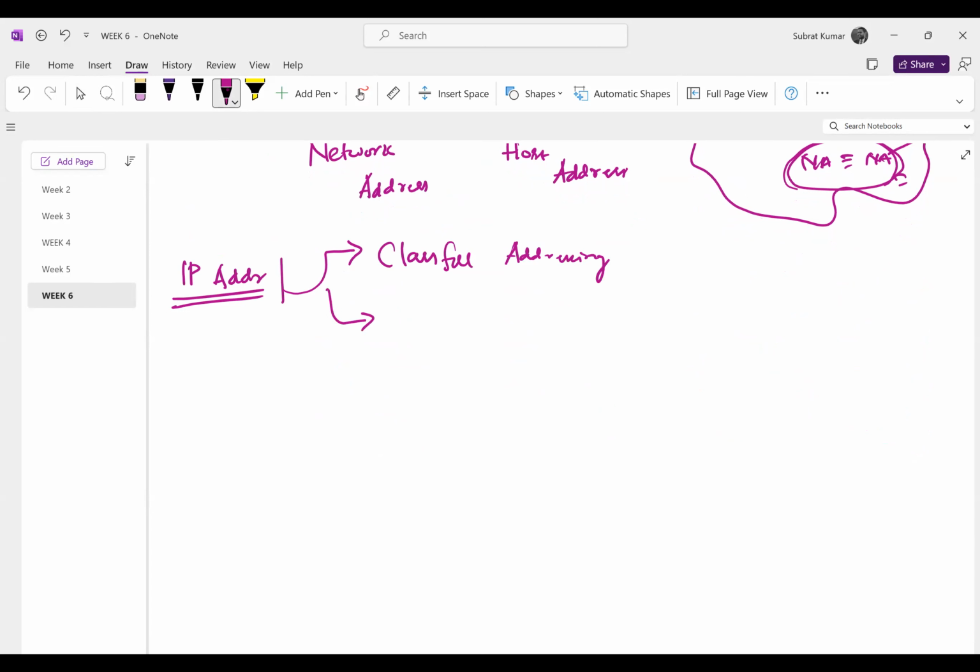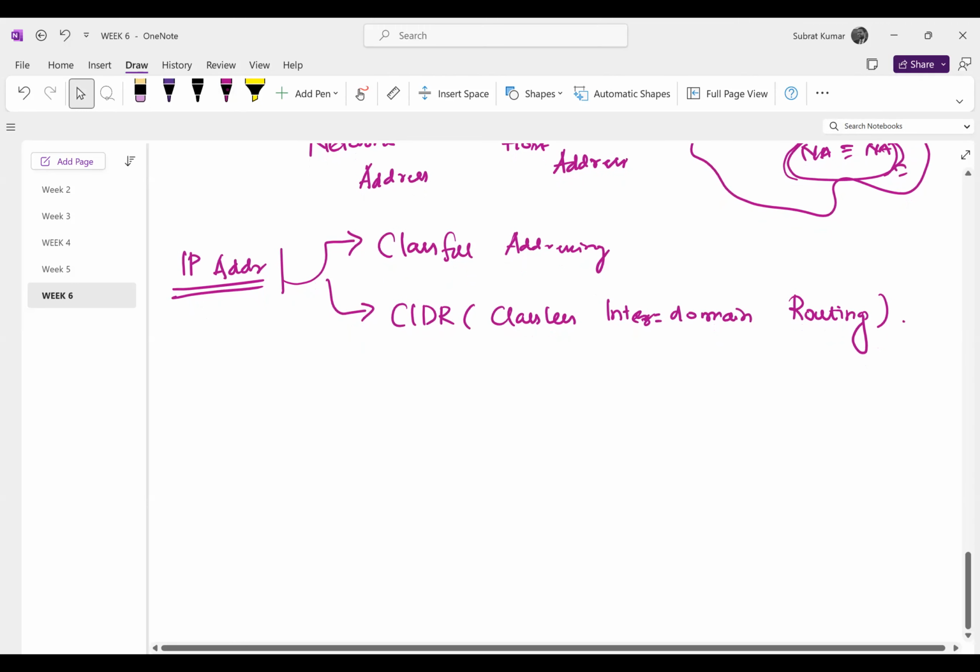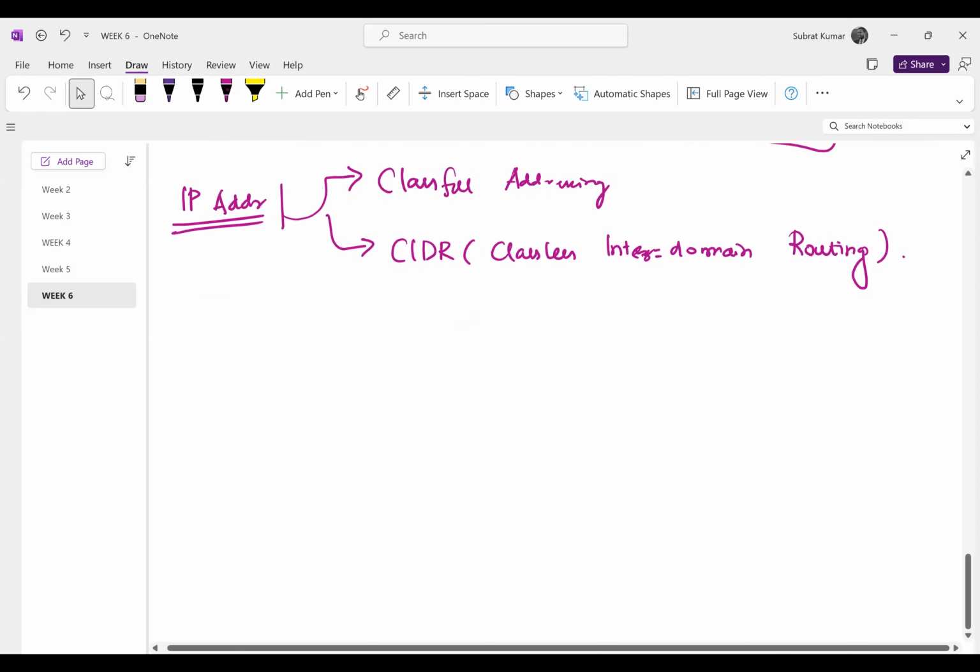And the second one was CIDR notation, that is, classless inter-domain routing. So first we'll look through classful addressing.